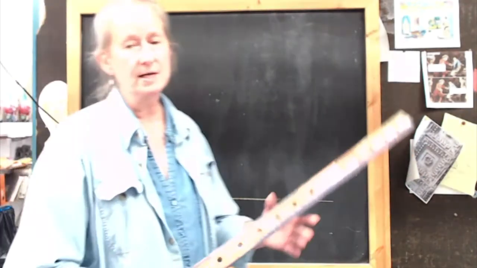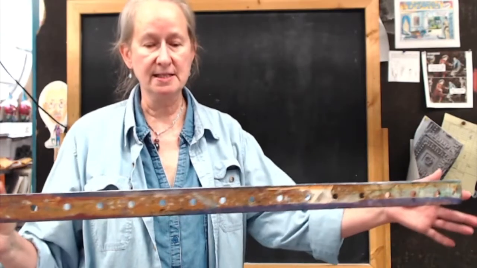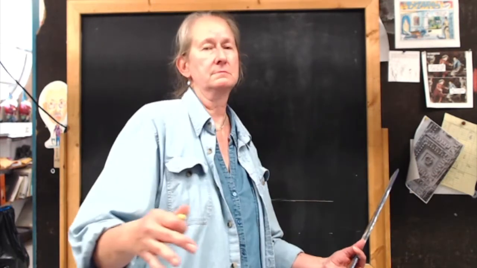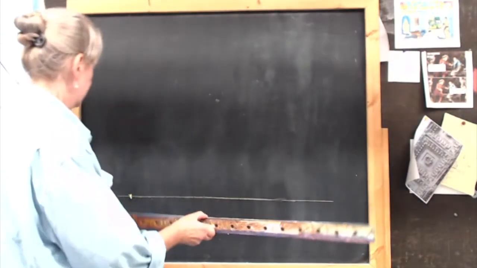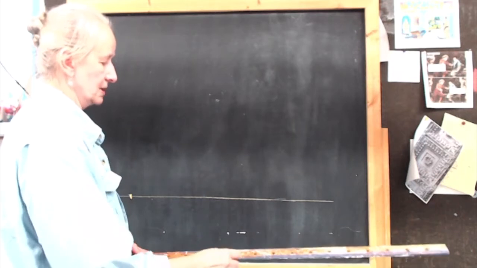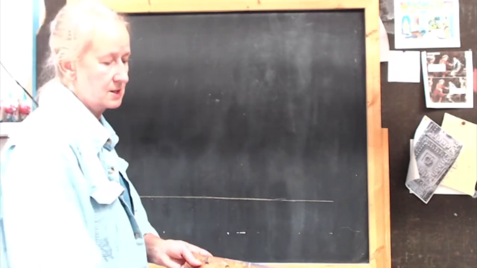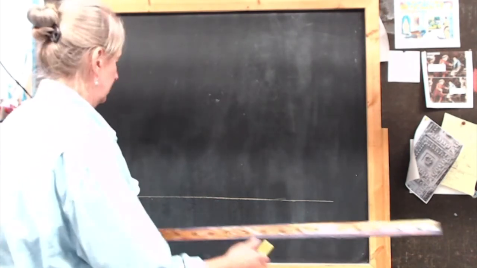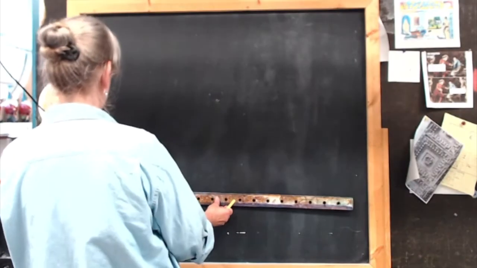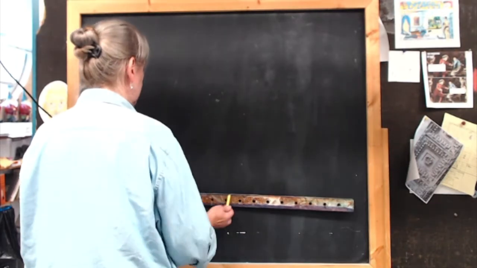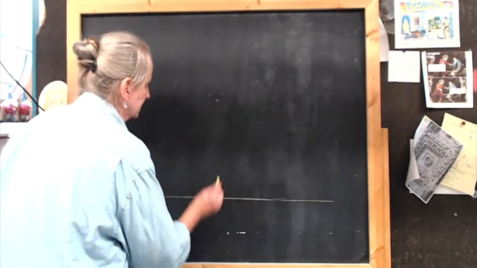So I have this trusty yardstick here, which is very useful for chalkboard demonstration, and I'm going to use that right now. So I'm going to do 2 at a time, right? I'm going to go from this point here and do my 3, and there's my point on that line.